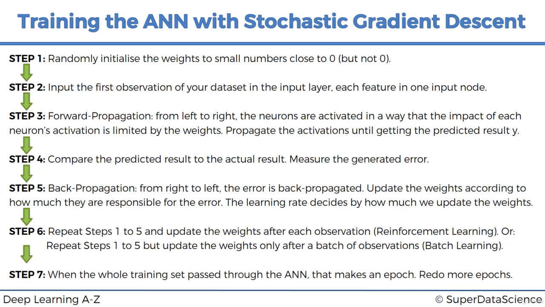And step 7, when the whole training set passed through the artificial neural network, that makes an epoch. Redo more epochs. So basically you just keep doing that and doing that and doing that, allowing your neural network to train better and better and constantly adjust itself as you minimize the cost function.